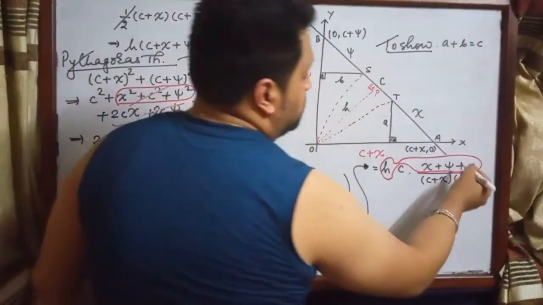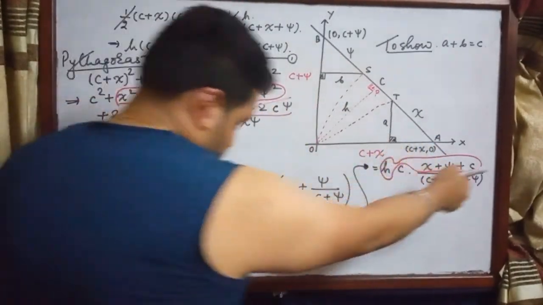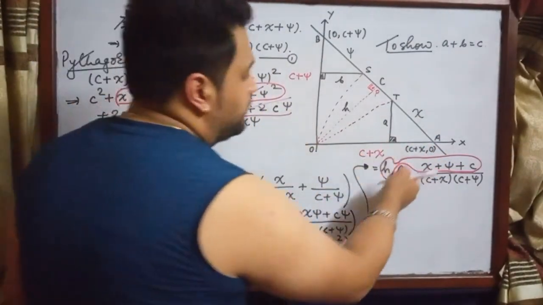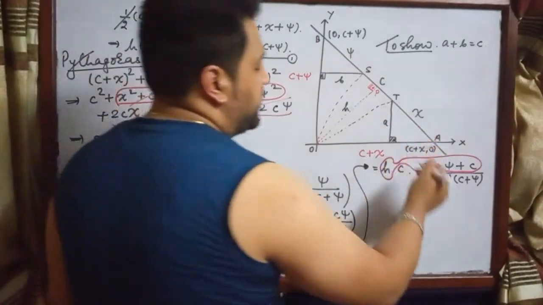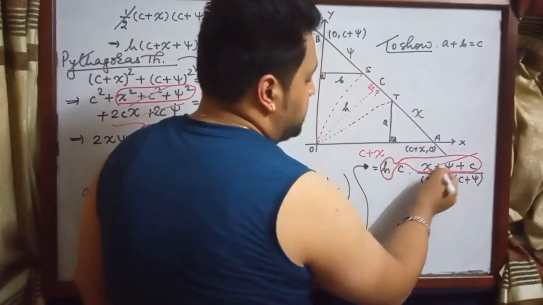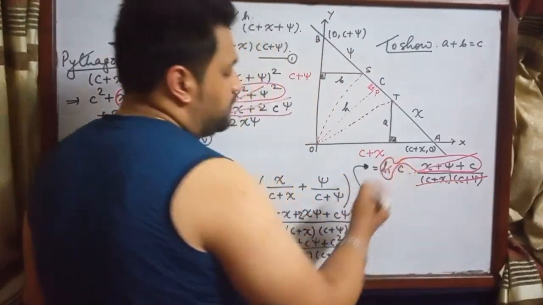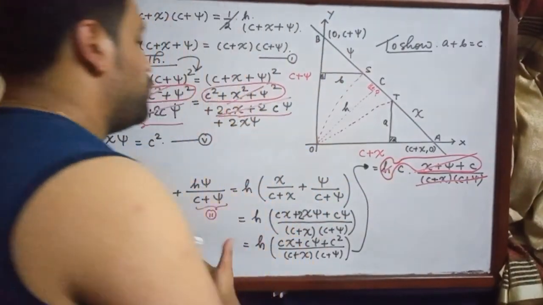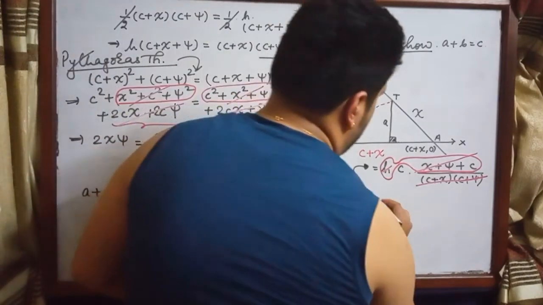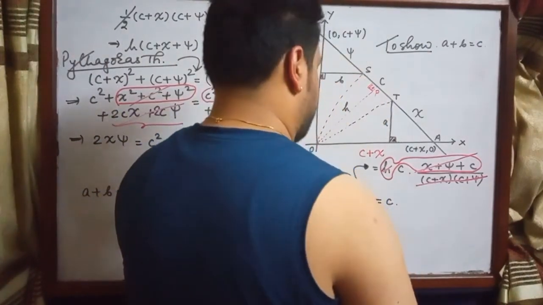So this term gets cancelled out with the denominator, and we're left only with c.